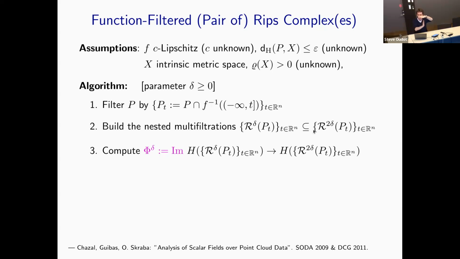So these inclusions give me inclusions between the sublevel sets of the filtered Rips complexes. And therefore, in homology, I get a morphism between two persistence modules. And now my estimator is going to be the image of that morphism. So basically, I'm building two filtered Rips complexes, one included in the other, and then I'm taking the image of the morphism induced by the inclusion.